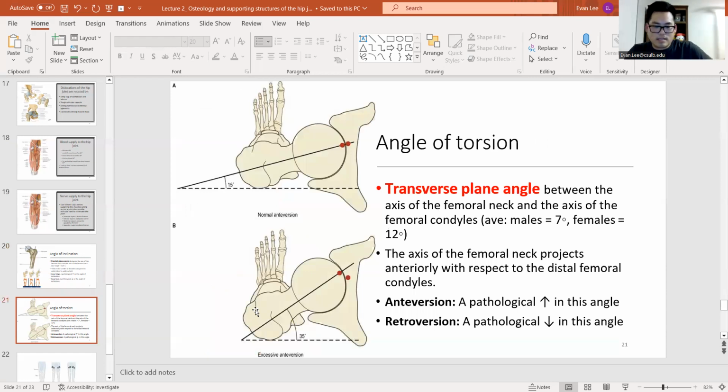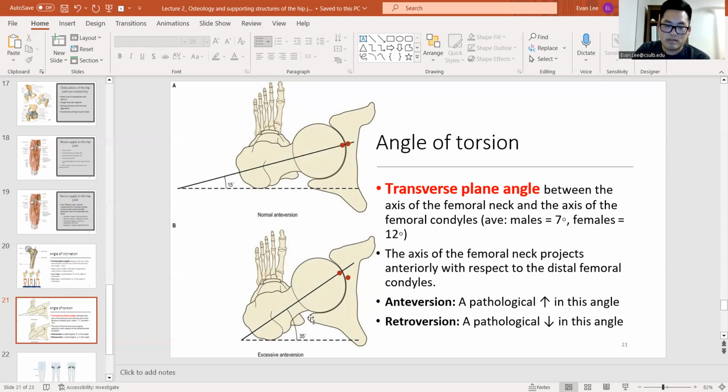And then in a similar way, you have a transverse plane angle as well, which is a little bit different for males and females. For males, it's on average about 7 degrees, and for females, it's on average about 12 degrees. You can see a somewhat normal 15 degrees here.